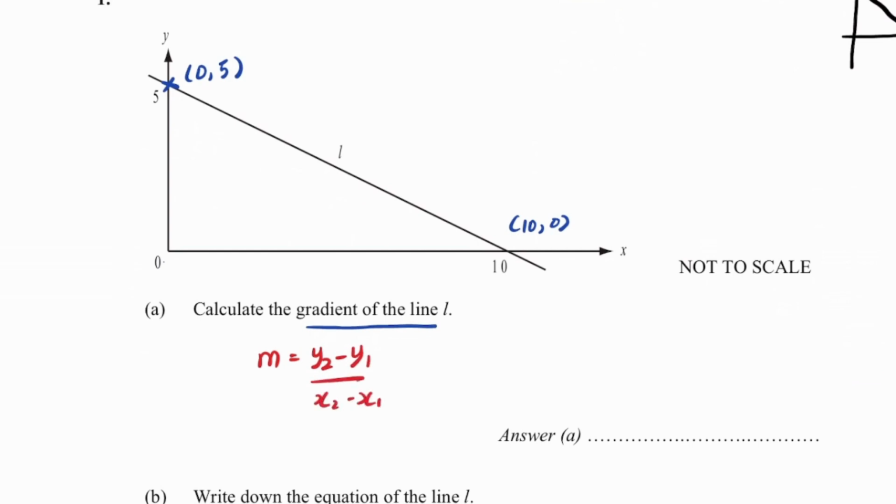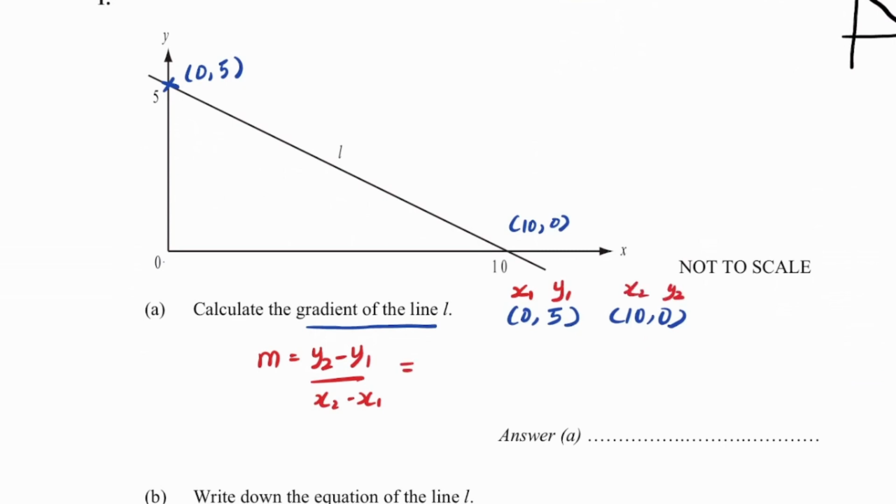It doesn't matter which one you choose, (0, 5) or (10, 0), as x1. You can choose this one as x1 or that one as x1, you always get back the same answer. So let me just choose this one as (x1, y1) and this one as (x2, y2).